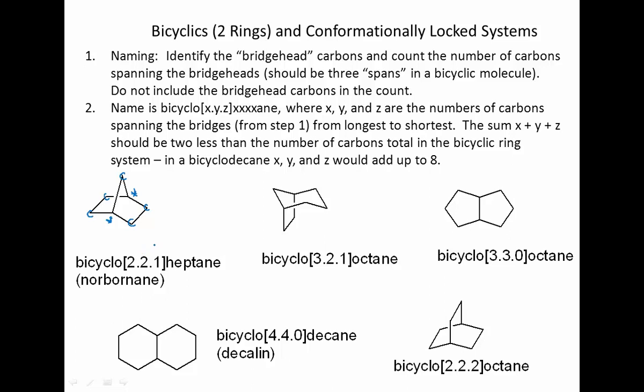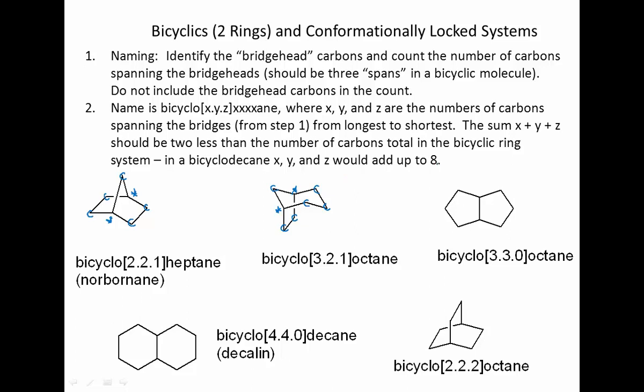In this compound right here, okay, here's our bridgeheads. If we count our spans, there's a 3 carbon span, a 2 carbon span, and a 1 carbon span. In this total bicyclic system, there are 8 carbons, and thus the name bicyclo 3,2,1 octane.